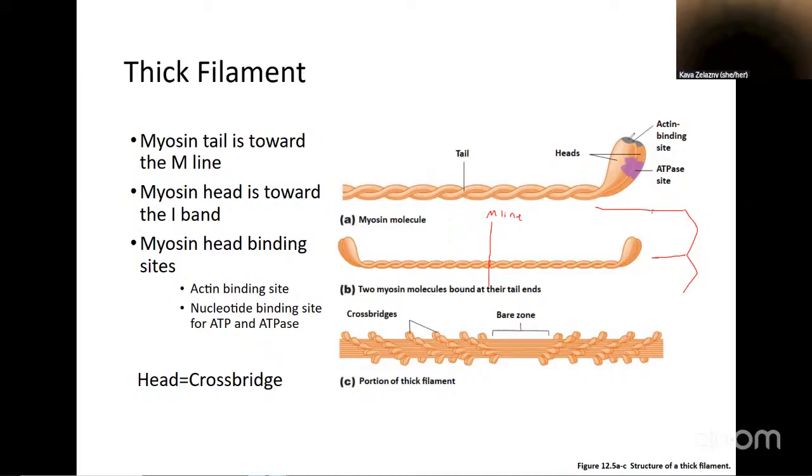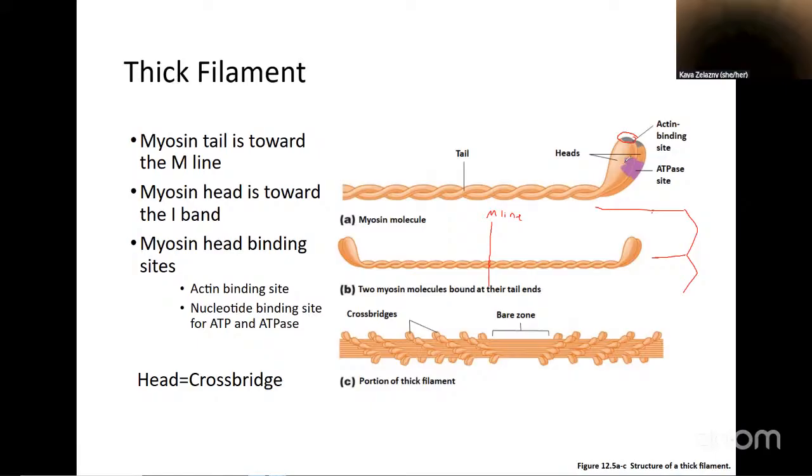So peeking in at these heads, these heads are what's going to interact with our thin filament, interact with our actin. So we can see we've got an actin binding site on the tip of this golf club, or I better call it an oar because we're going to make some rowing analogies later on. So on the end of this oar, we've got our actin binding site.